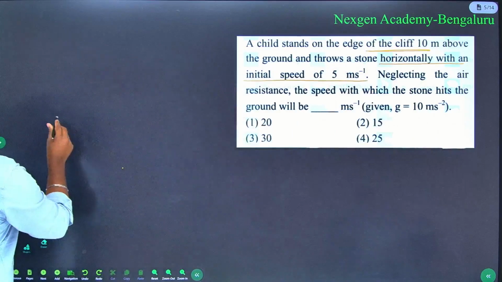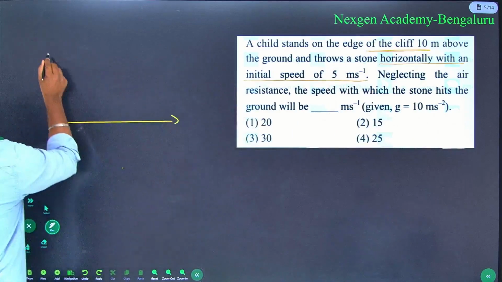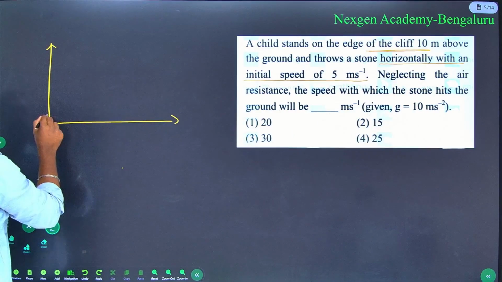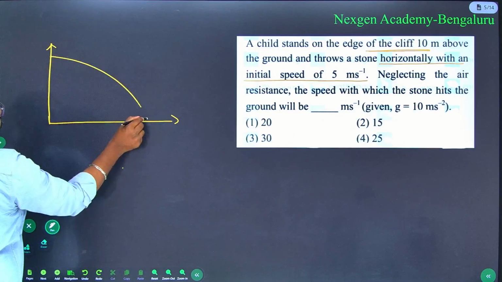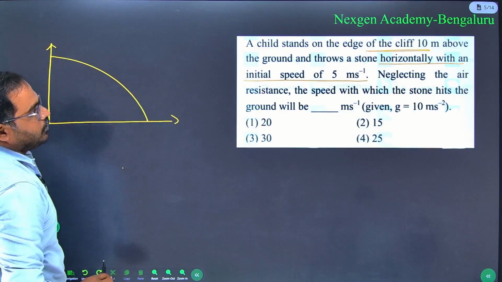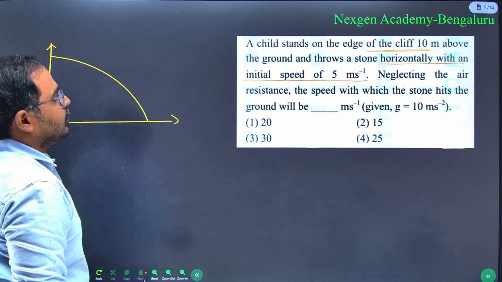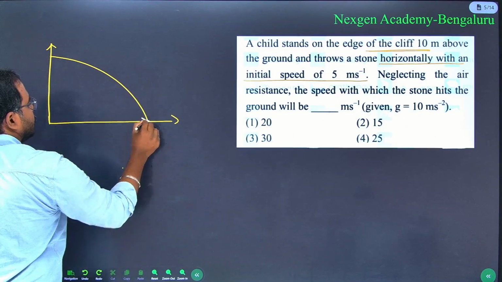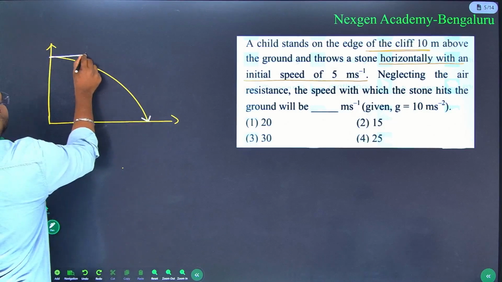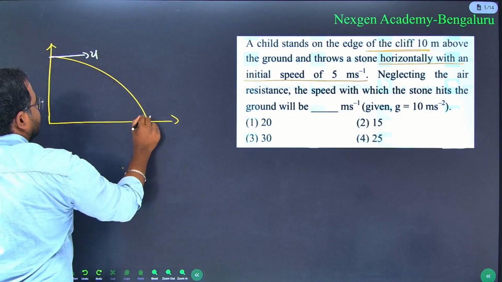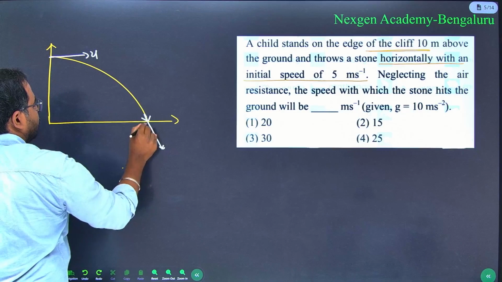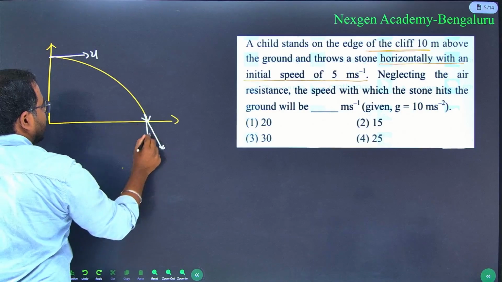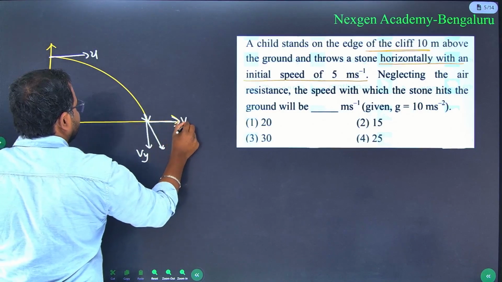And now look at this situation. This kind of situation is given in the question. Here we have to find, neglecting the air resistance, the speed with which the stone hits the ground. Okay, here it is projected with a certain velocity. This can be resolved into a vertical component and a horizontal component Vx.